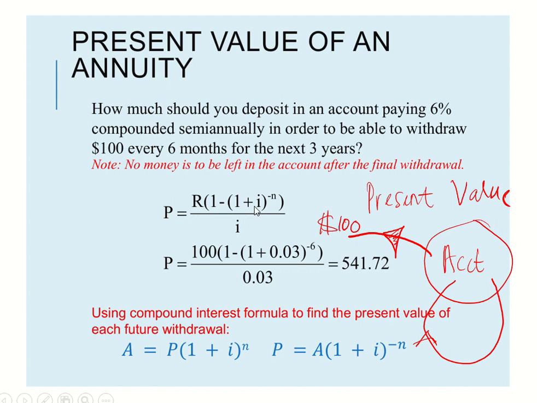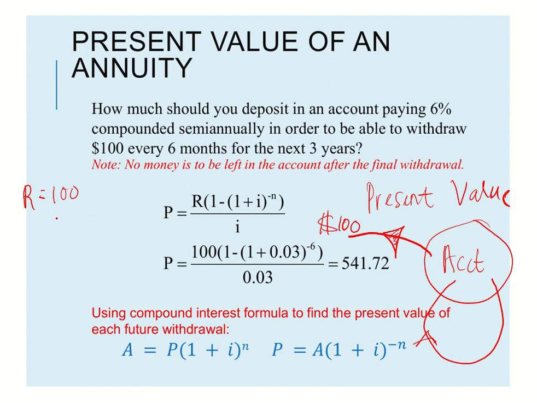They are similar, but actually different. Now, R is the regular payment, but here it is the payment withdrawn, taken out.